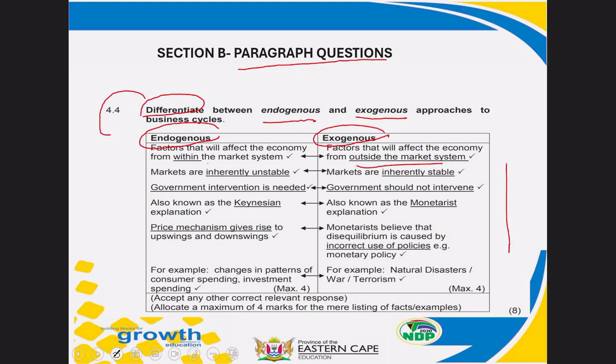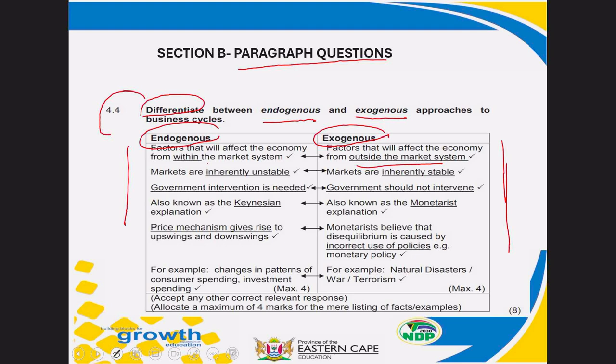The factors are coming from within the market system. The factors are coming from outside. You are not going to crisscross them and mention maybe the government should not intervene on the same point. Otherwise, if you do that, you lose marks because you are only going to get the first 4 marks on your first one. On the one that you did not match, you are not going to get any marks.